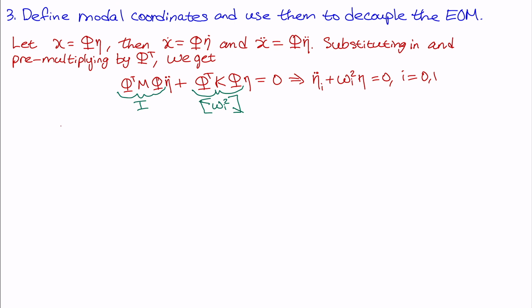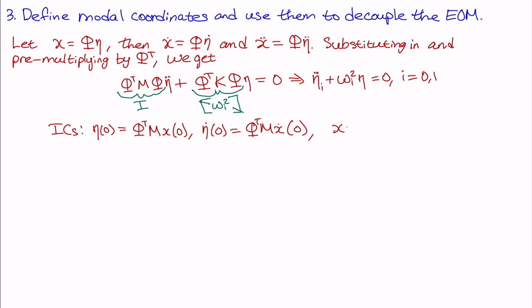And then let's deal with our initial conditions, or the ICs. So eta of 0 is equal to phi transpose m times x at 0. Eta dot of 0 is equal to phi transpose m times x dot of 0.